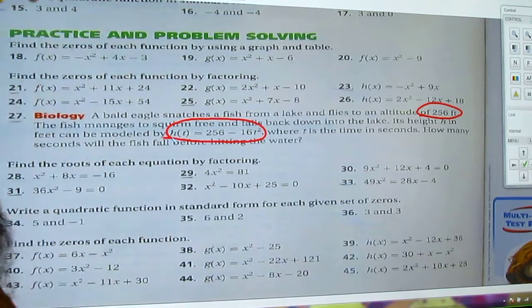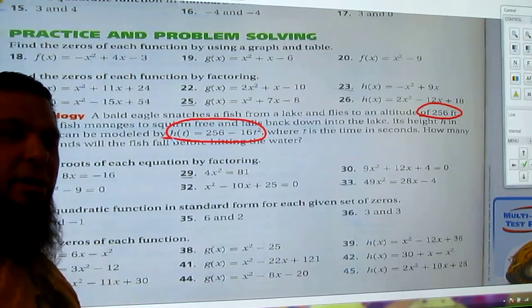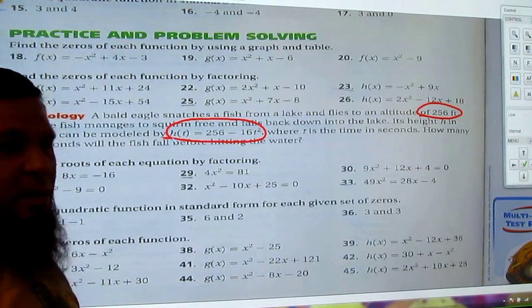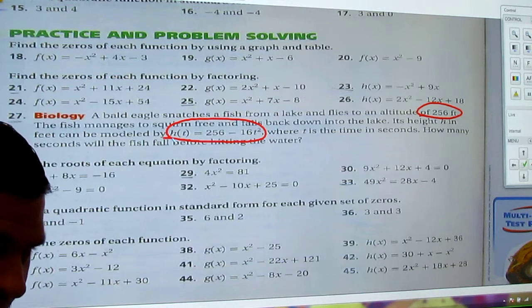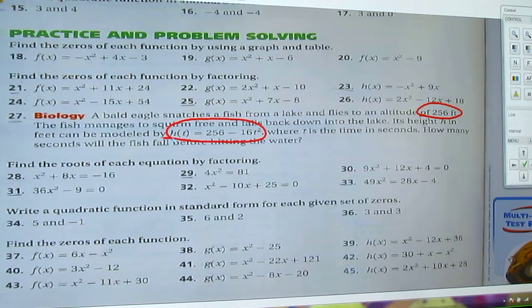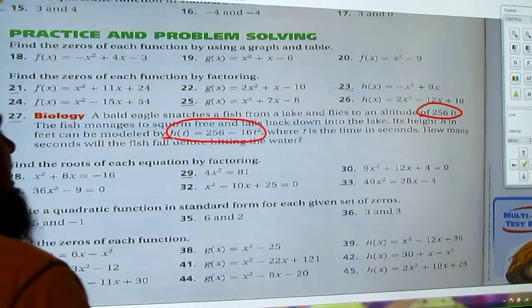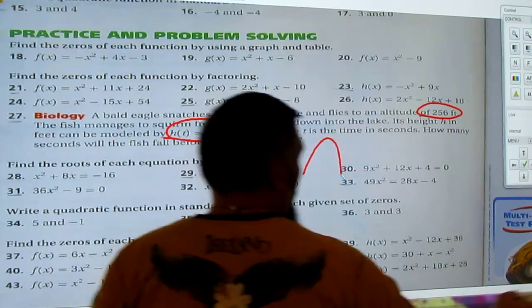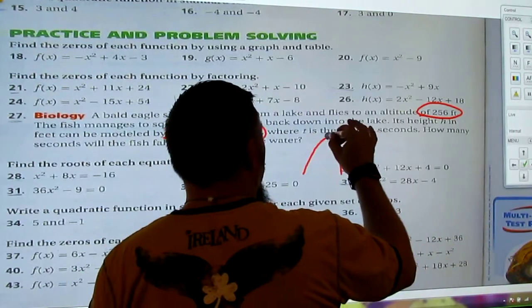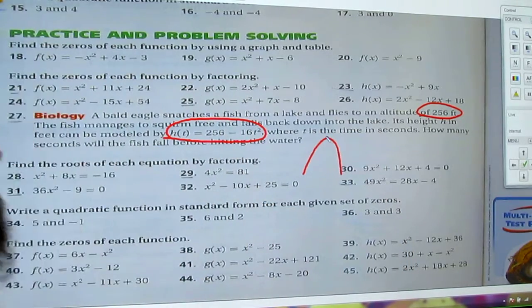If the fish is squirming out of the eagle's claws or mouth or whatever he's holding it with, he's at the highest part of the parabola. Does that make sense? Okay? And so at that point, how long before he gets to the bottom? So if he's at the highest point, so he's here, how long before he gets to the bottom?